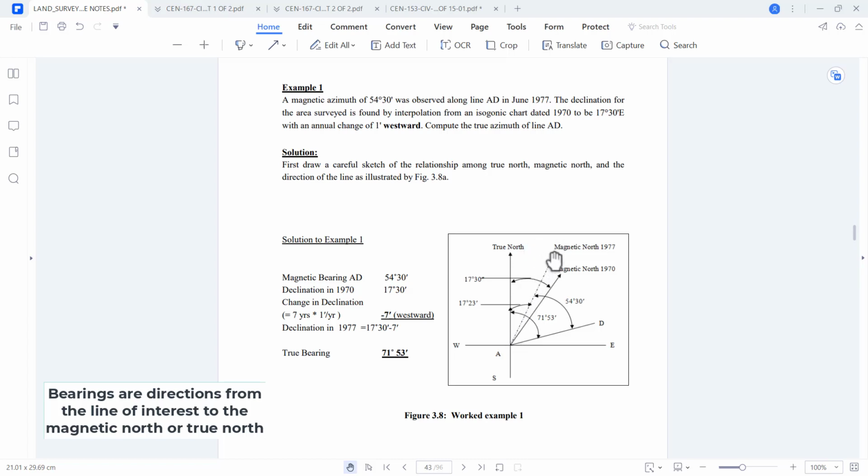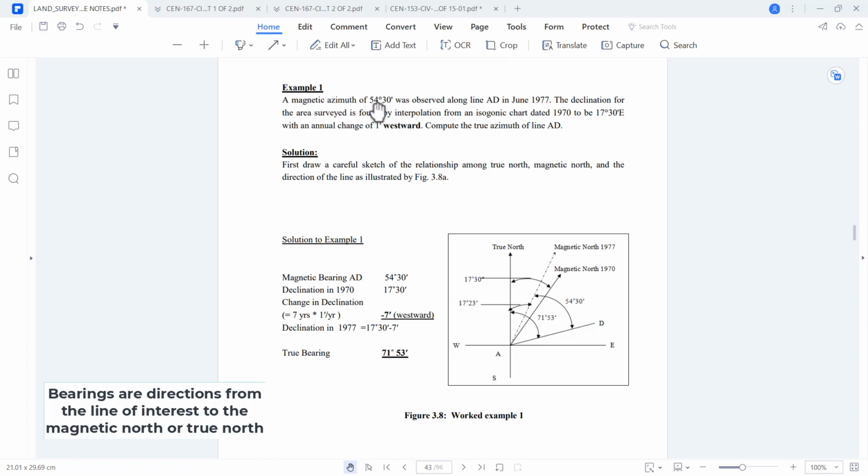This one will represent the magnetic north. For a normal bearing, we start measurement from the true north. Since the measurement given to us is a magnetic azimuth or magnetic bearing, we will start the measurement from the magnetic north to the line.